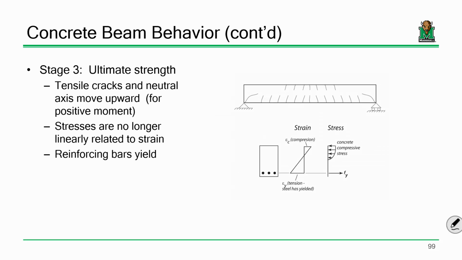The last stage of behavior for a concrete beam. First off, let me back up and make sure everybody's fine with where we're at so far. In that last example, we had a beam that had experienced cracking, right? The moment was much larger than the cracking moment, so we used a transformed section. Now let's talk a little bit about those stresses.